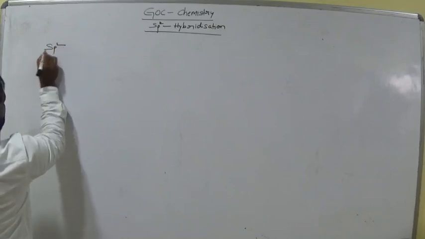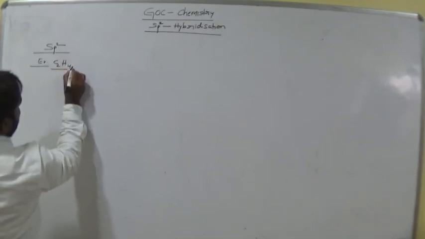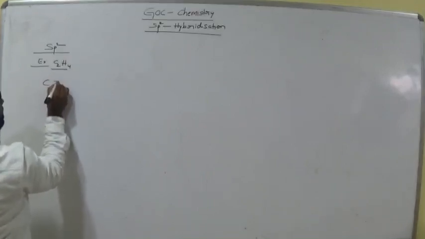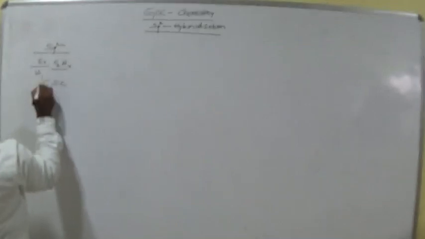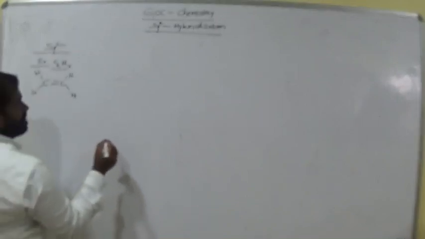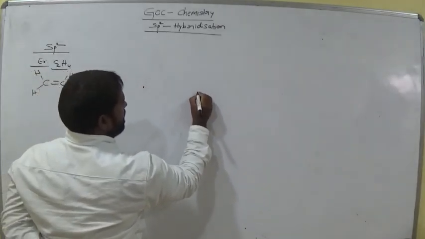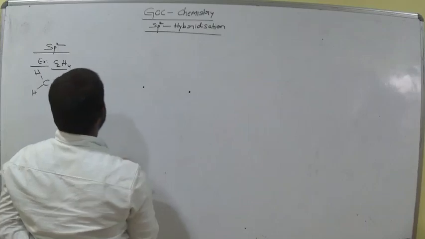sp2, an example of an organic compound is C2H4, am I right? This structure is C double bond C with H. Clear? So now see the structure. This is one carbon atom, this is another carbon atom.